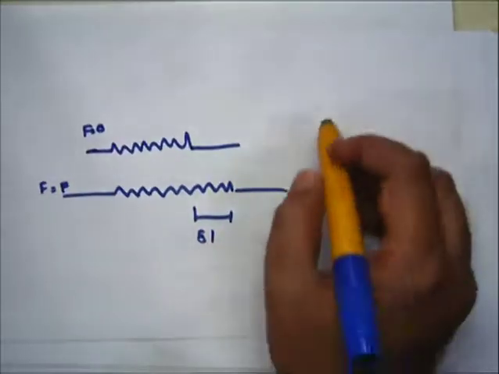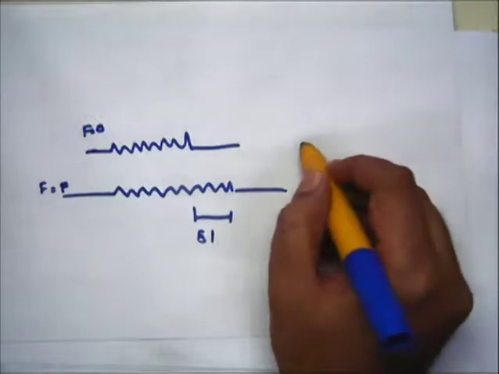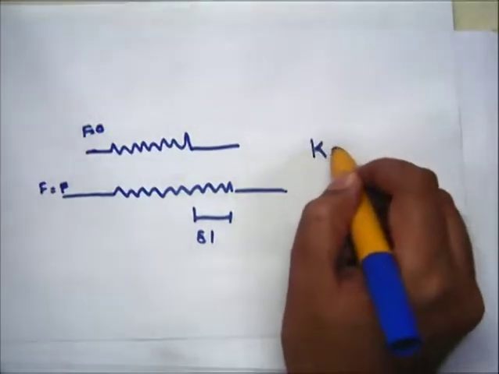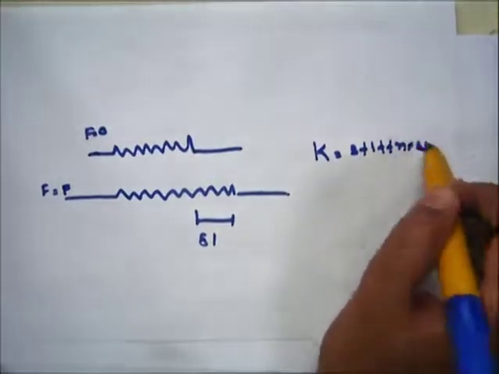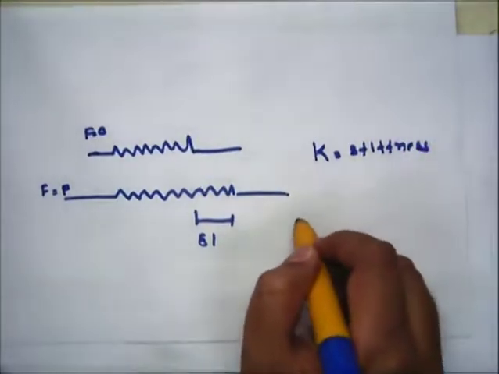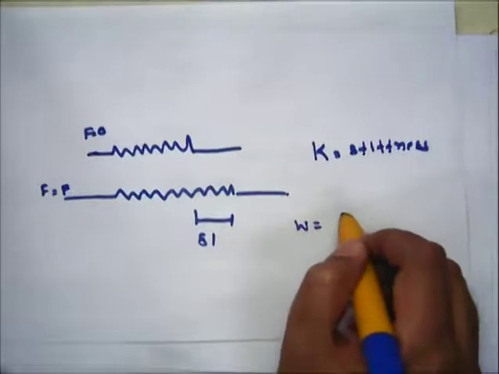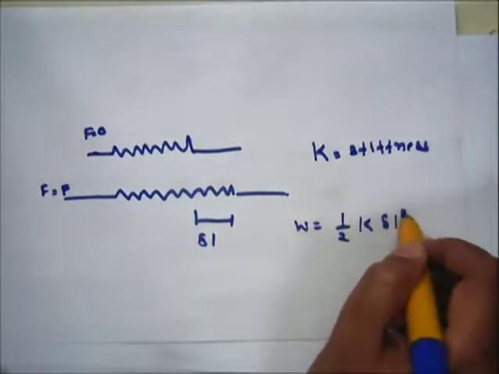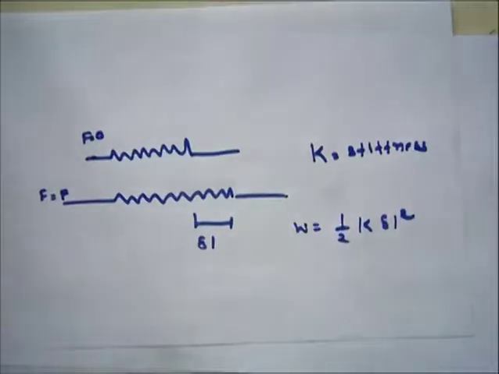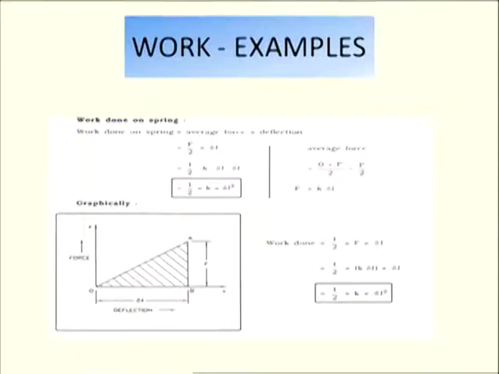If suppose stiffness of the spring is K, total work done is 1/2 K delta L square. So you can recall this thing.